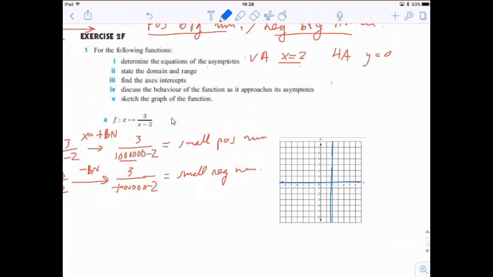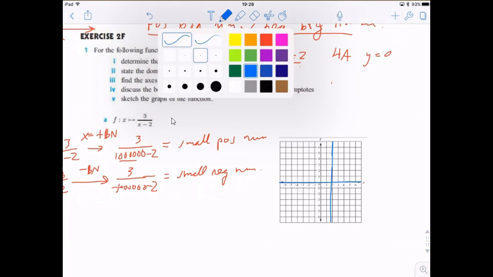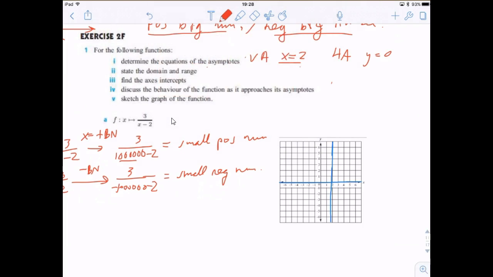Okay. Once you've done the vertical and the horizontal asymptotes, it's kind of easy to do the domain and the range, because the domain and the range are the valid x and y values, and the vertical asymptote and the horizontal asymptote are kind of the invalid vertical and horizontal values. So, for example, if the vertical asymptote is x equals 2, then the domain would be x is not equal to 2, right?